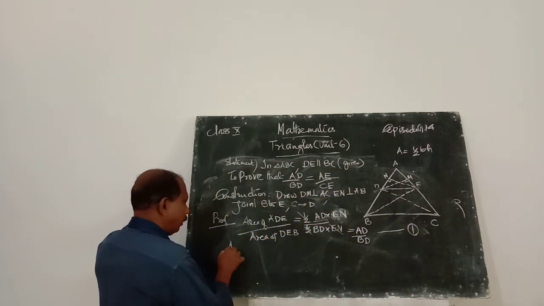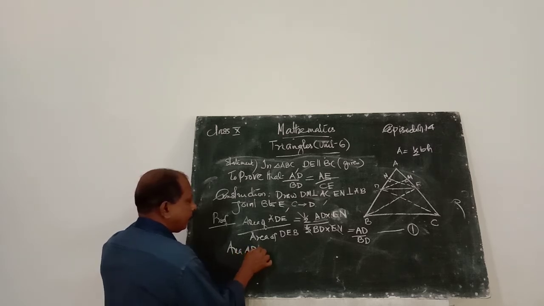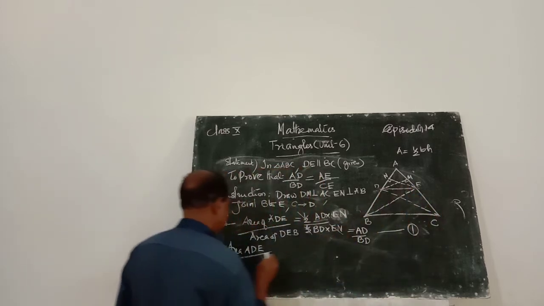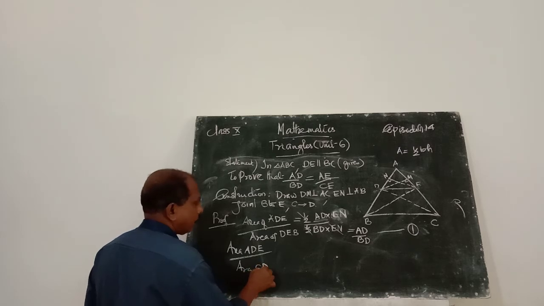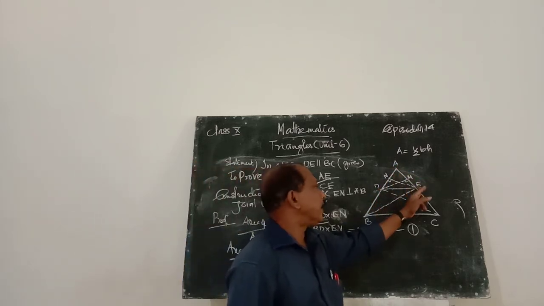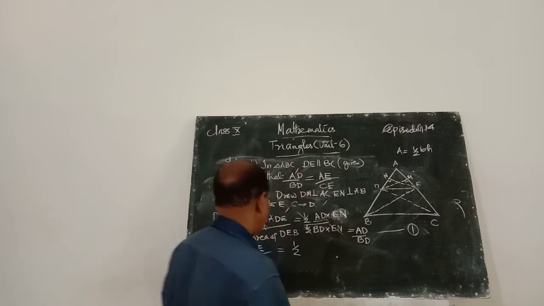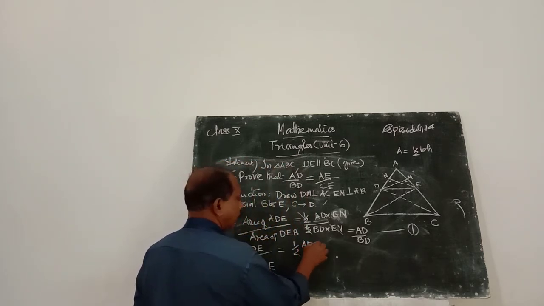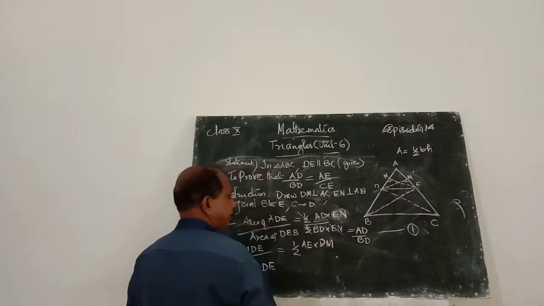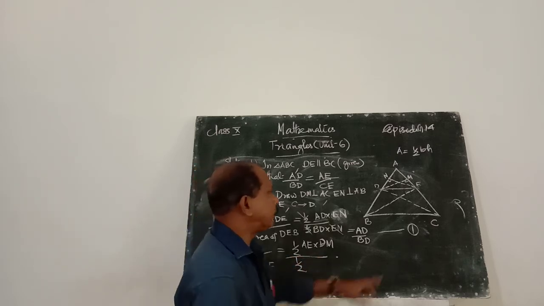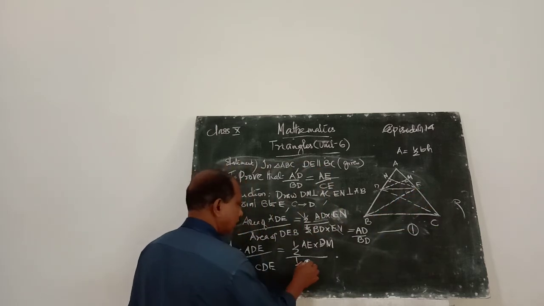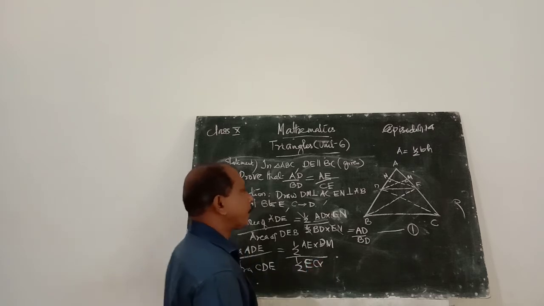Therefore, area of triangle ADE by area of triangle CDE is equal to half into AE into DM by half into CE into DM.